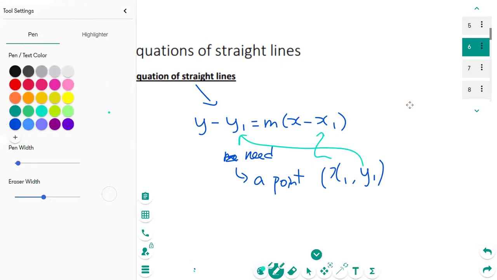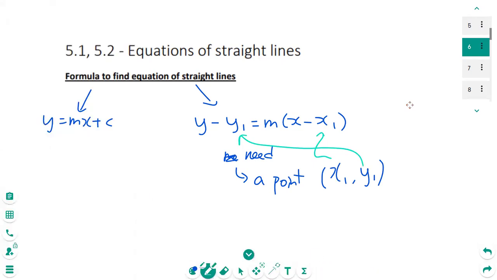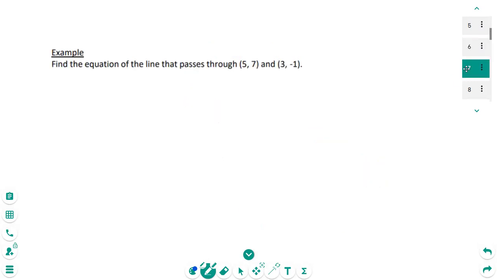And we also need our gradient, m. So to use this formula, this adult equation of a straight line, not the babyish y equals mx plus c, we need two things: a point and a gradient. Let's see how we can use this.